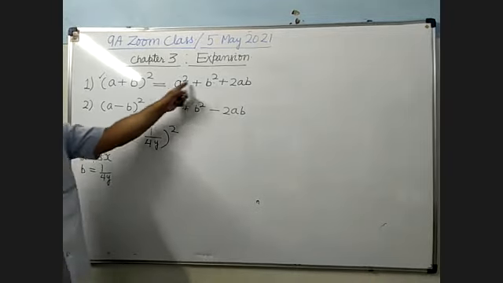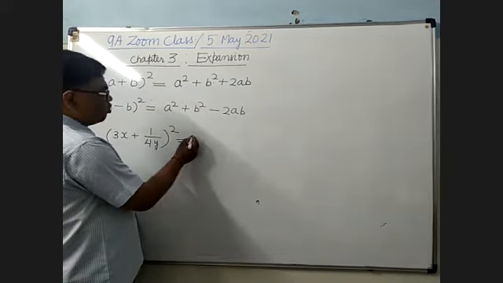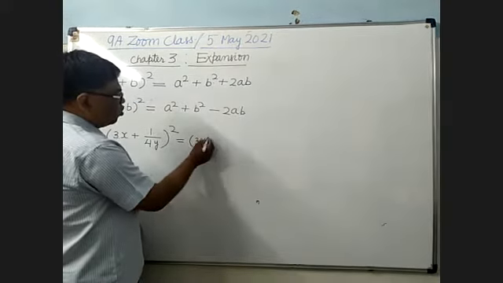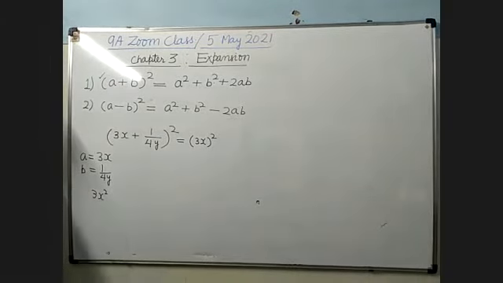So you substitute here. When you substitute, a square is (3x) whole square. You don't write it this way, 3x square. It's clear? 3x square means there is the square of x only, not of the 3.